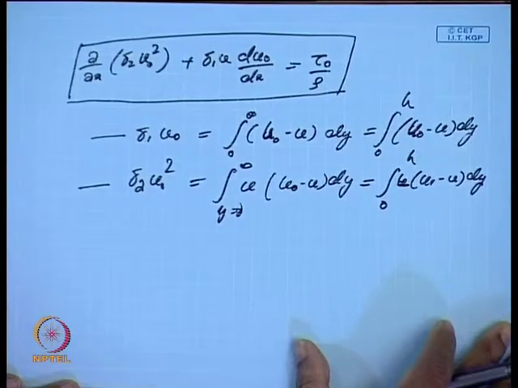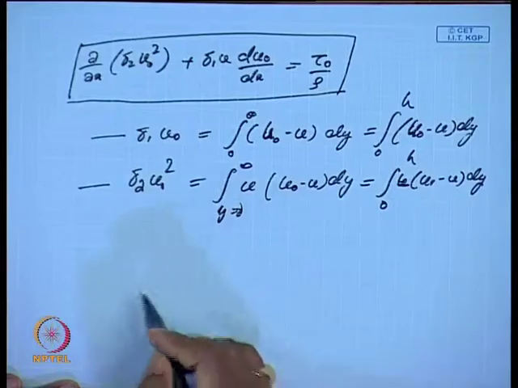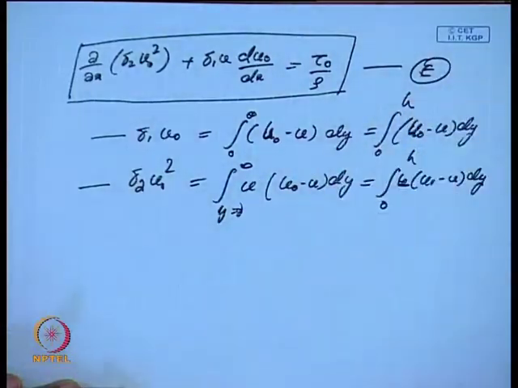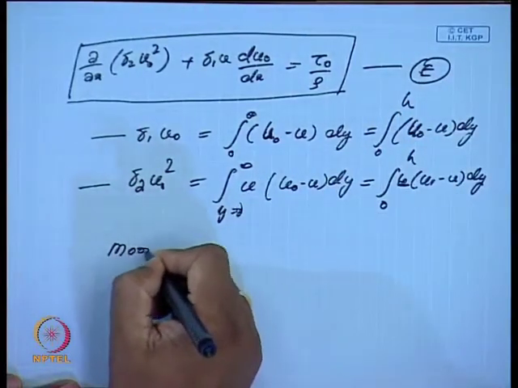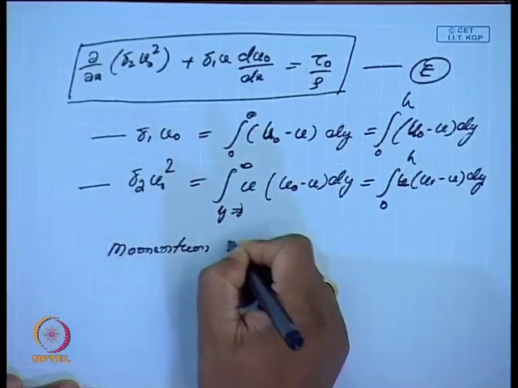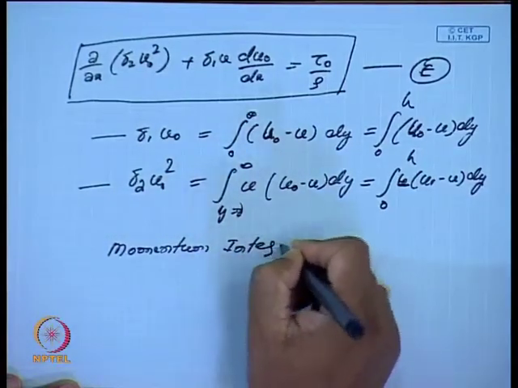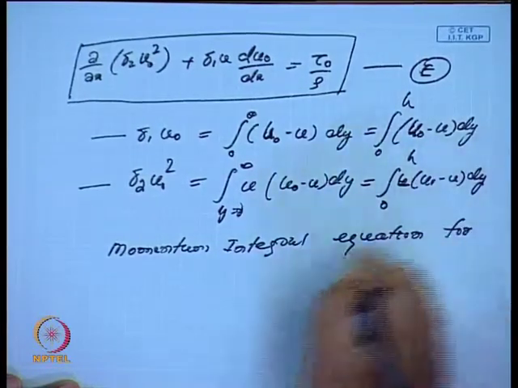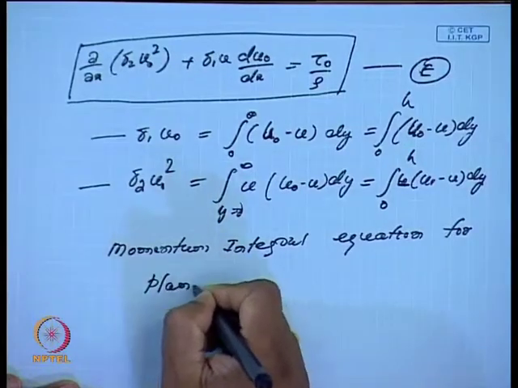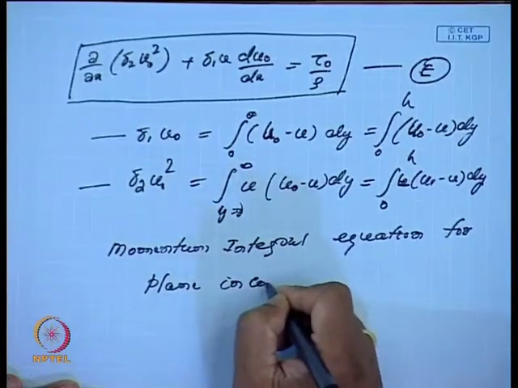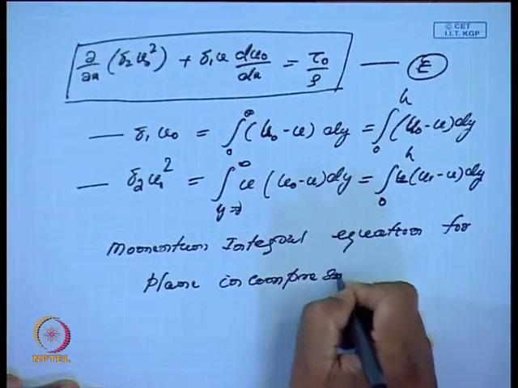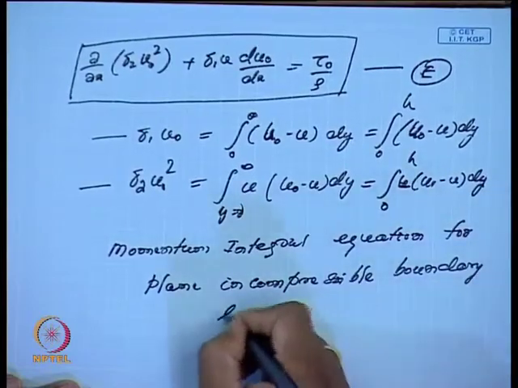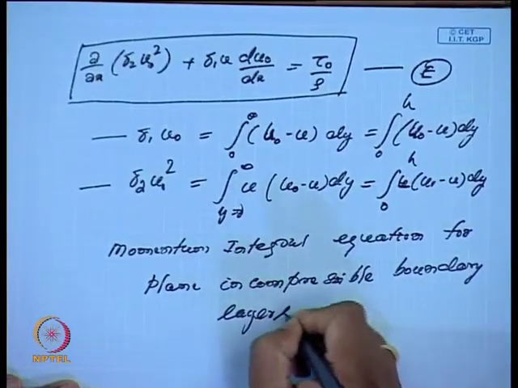And this equation is called equation E. This is called the momentum integral equation for plane incompressible boundary layers.